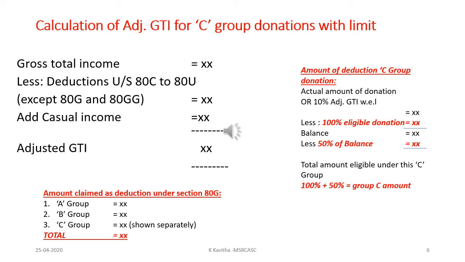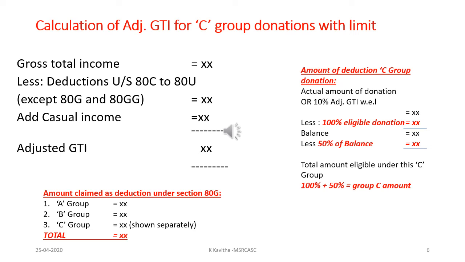Except these two, all other deductions have to be calculated, and finally we arrive at the adjusted GTI. The amount to be deducted under C group under 80G deductions, we have to take 10% of adjusted GTI or the actual amount of donation, whichever is less.